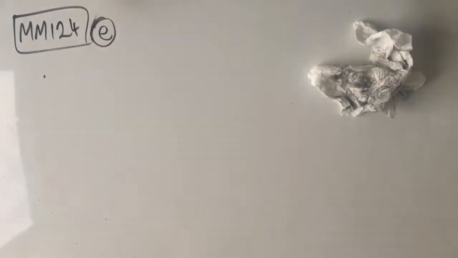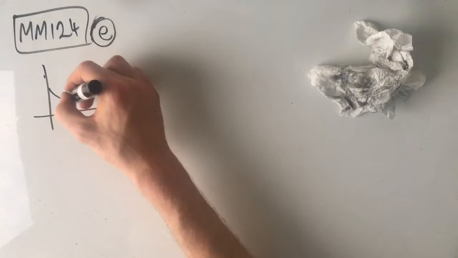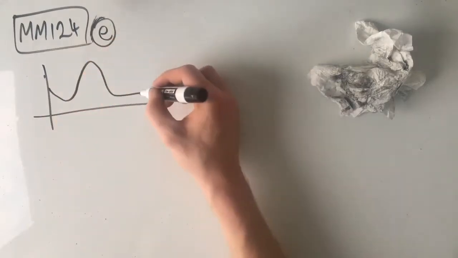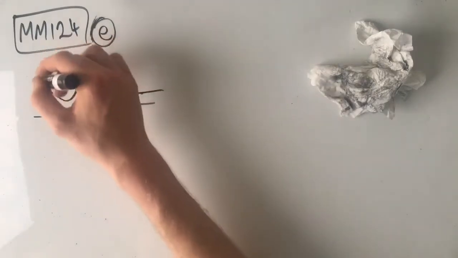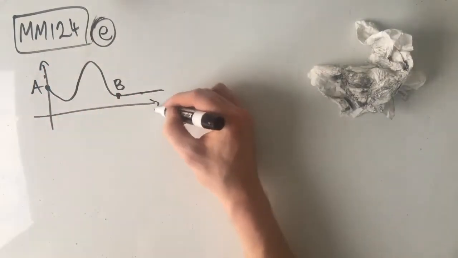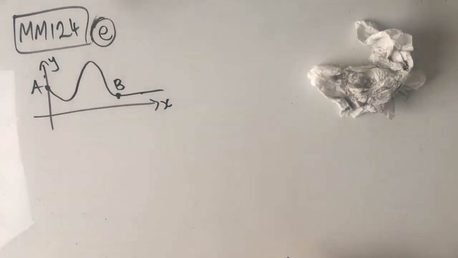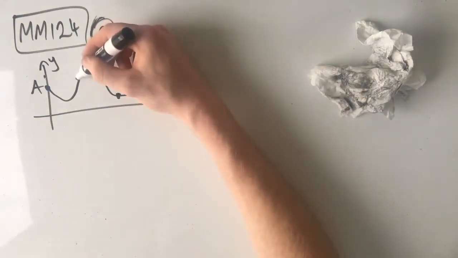Part E, fantastic. Let's draw this coaster out again. Something like this. Horrible drawing, but you get the idea. This is A and this is B. Cool. It's only above 15 meters high between x equals 14.58 and x equals 21.42, according to our previous question.